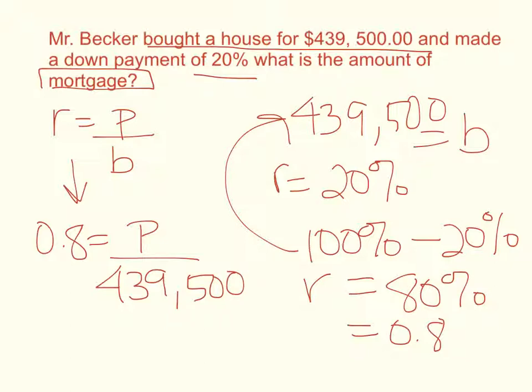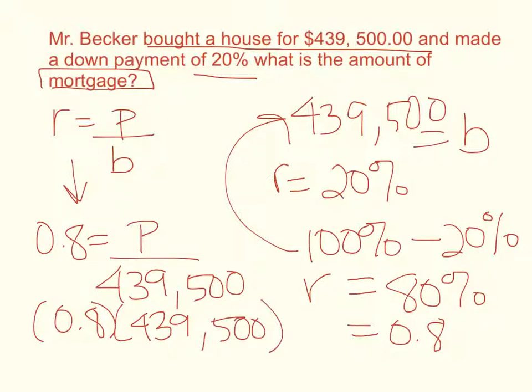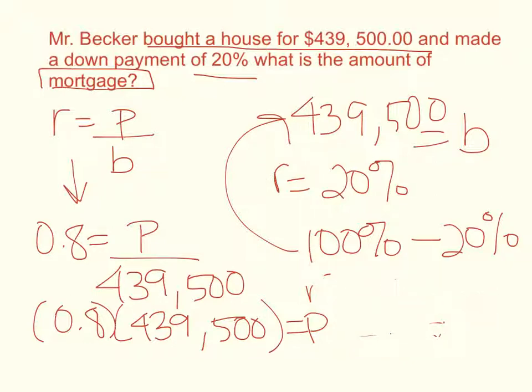So if we manipulate this equation, we are multiplying 0.8 by $439,500, to solve for P. I'm just going to erase some of this so that we have a little bit more space to work with here.